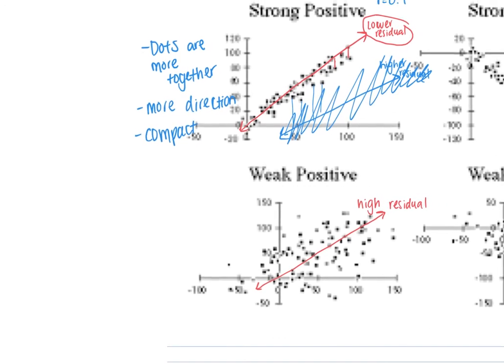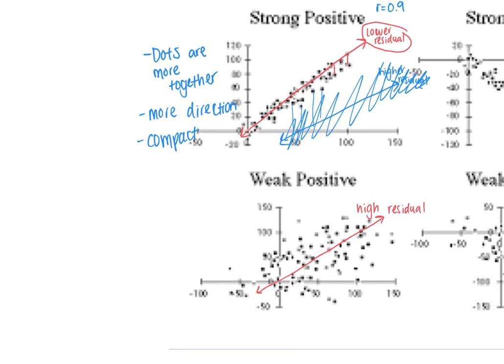Let's add some words in there. Gabby? It has less of a direction. Very good. Less of a direction. Brady? Scattered. Scattered. Perfect. It's leaning more towards no correlation, right? It's less of a direction, scattered.